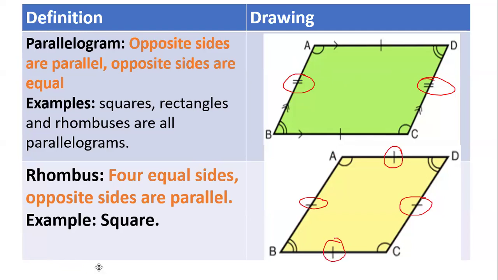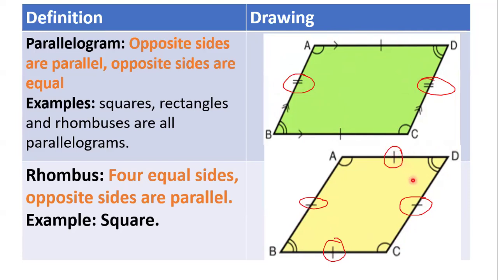That means that all of these sides are equal to each other. Every last one. So if this is 4 centimeters, that's 4 centimeters, that's 4 centimeters, that's 4 centimeters. All of them are equal. But with this one, only these two sides are equal, and only these two sides are equal. Not all of them are equal to each other. And that's the difference between a rhombus and a parallelogram.